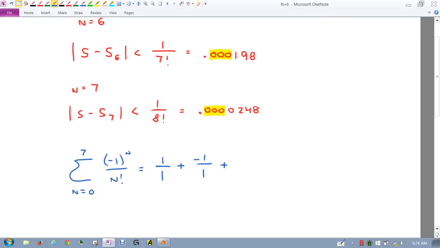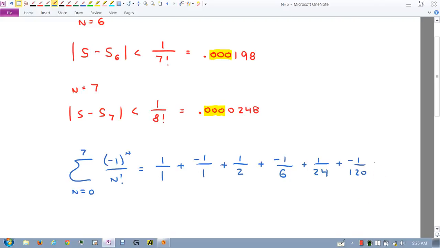And then plus, plug in 2, 1 over 2 factorial, which is 2. Plus negative 1 over 3 factorial, which is 6. Then 1 over 4 factorial, which is 24, and then plus negative 1 over 120. So where am I? n equals 0, 1, 2, 3, 4, 5, 2 more.